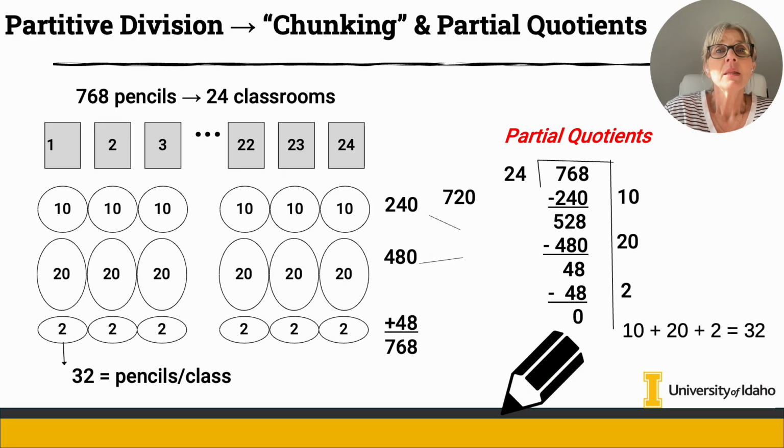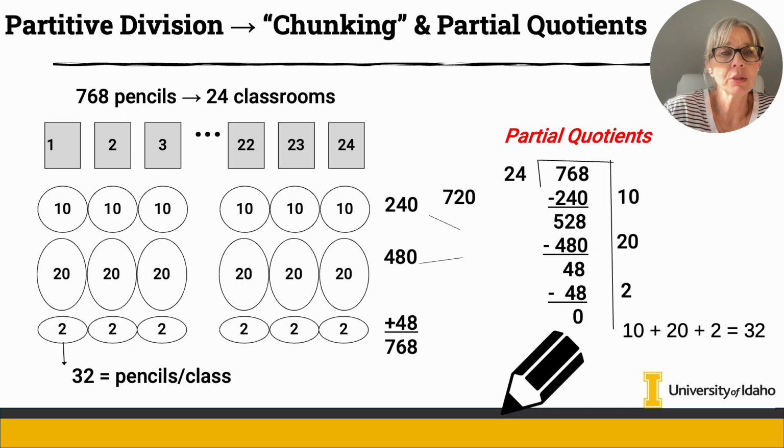The partitive division problem of dividing 768 pencils into 24 classrooms leads to different kinds of strategies. Rather than just adding or subtracting, people will tend to think about dealing out the same number of pencils in each classroom and then seeing how many pencils are left over. So if every classroom got 10 pencils, that would use up 240 pencils. We still have a lot left.